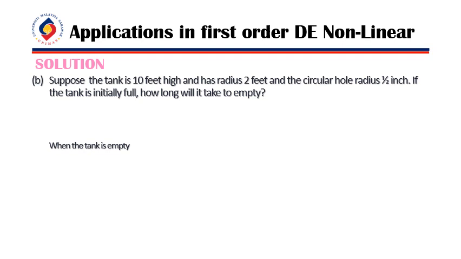Then t is equal to 4 pi square root of 10 over pi times 144. You cancel this out and you will get t is equal to 1821.47 seconds, or when you convert this to minutes, approximately 30 minutes.